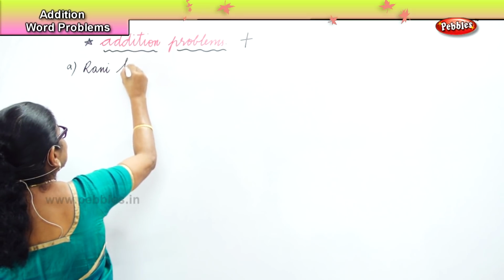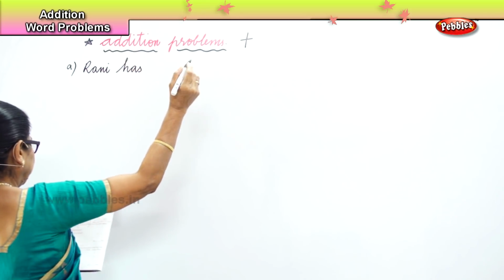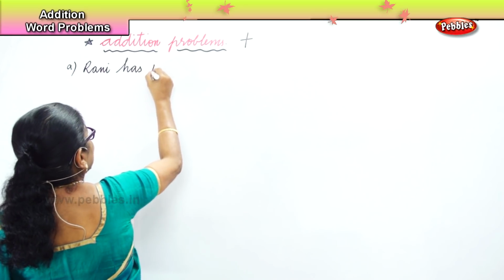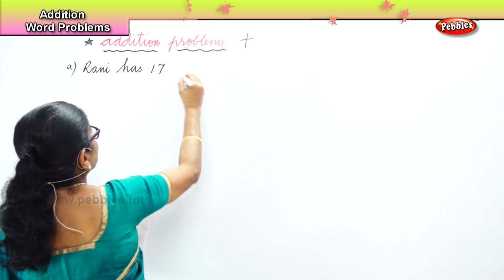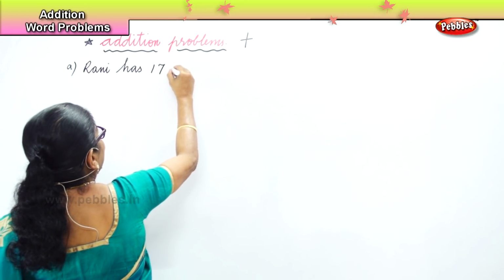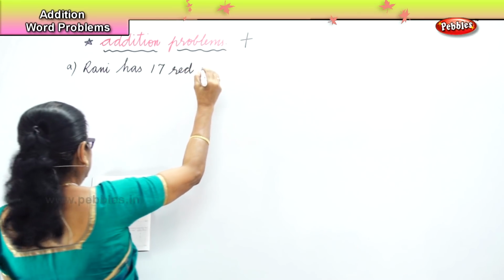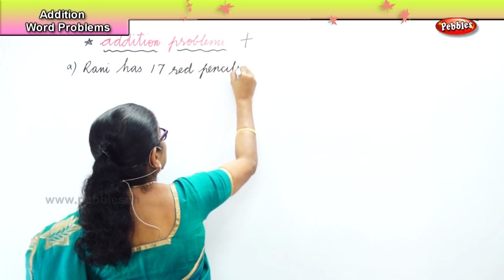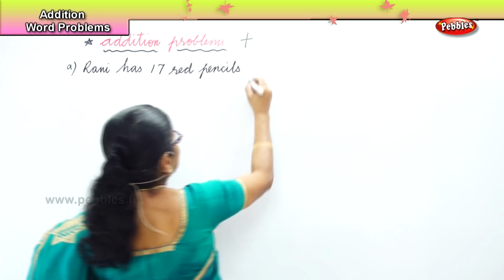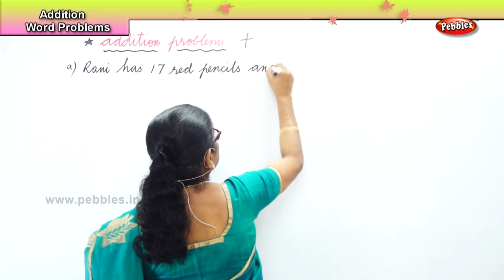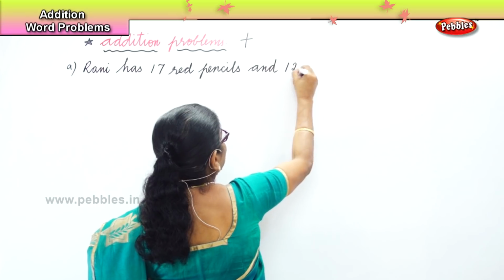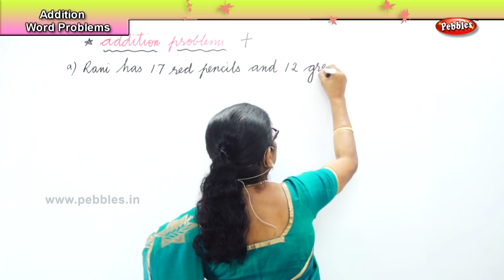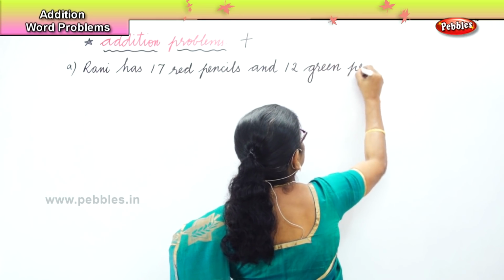Rani has 17 red color pencils and 12 green color pencils.